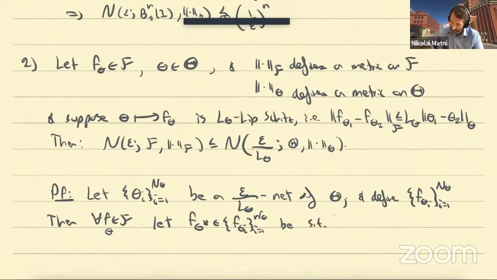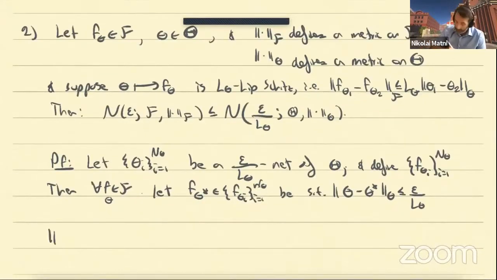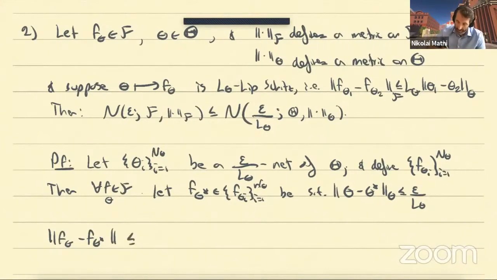such that theta minus theta star is less than or equal to epsilon over L theta. Such a theta star always exists by the assumption of the theta sub i's defining an epsilon over L theta net. So now we just need to check that f of theta minus f of theta star, by our Lipschitz assumption, is less than or equal to L theta times the norm of theta minus theta star.